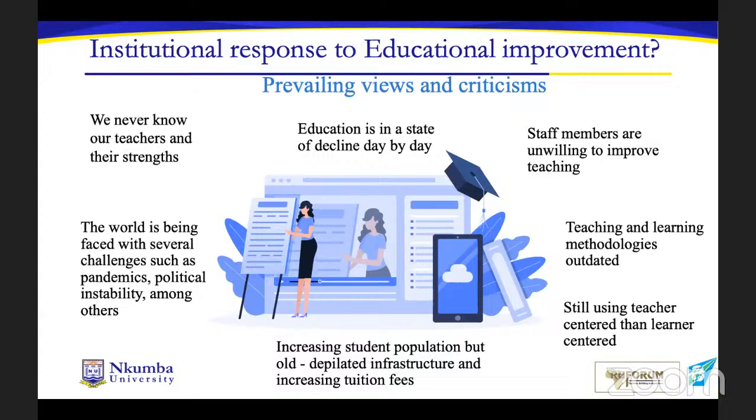Nobody really thought we would have such an epidemic, or political instability, but education has to continue. So institutions are thinking about all this and saying, I think it is the right time we improve our educational systems. And as a teacher, as a lecturer, being part of the stakeholders, you really need to be part of this journey.